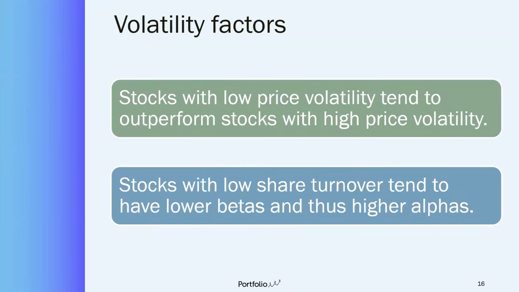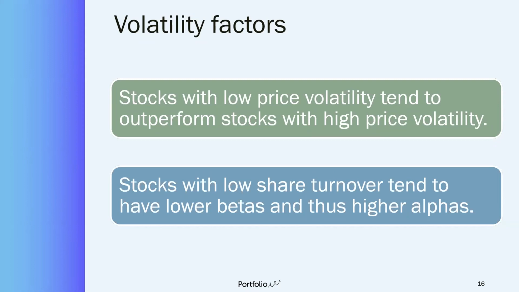Volatility factors are very closely related to stability factors. Stocks with low price volatility are going to be stocks with stable fundamentals, and vice versa. Now, stocks with low price volatility tend to outperform stocks with high price volatility. The same may be true with volume volatility, but I'm not really sure.